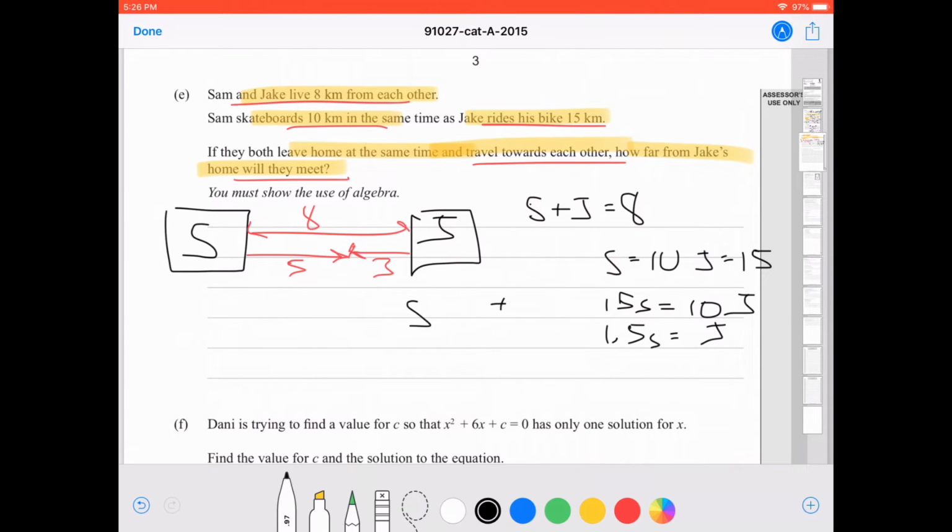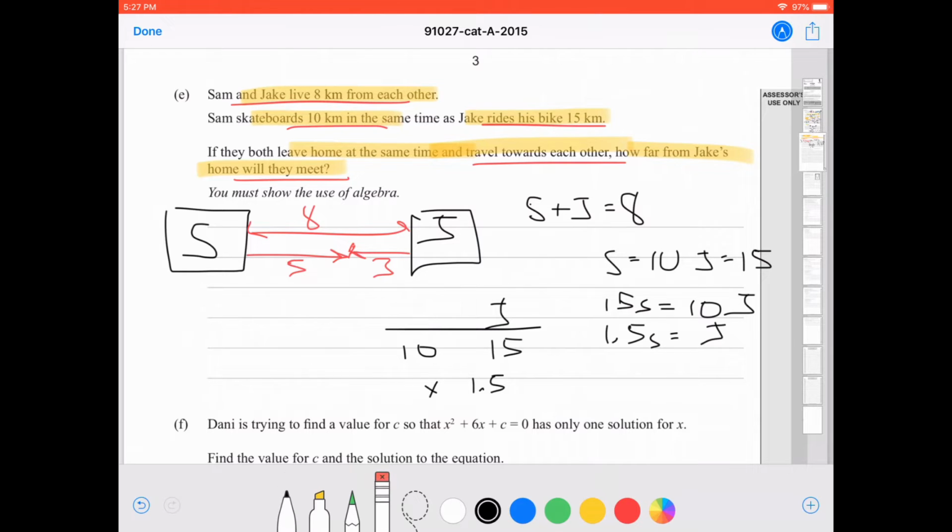We've got S and J. S is 10, J is 15. And so what's the multiple here? It's times 1.5. Okay, so you multiply S by 1.5 and that equals J.